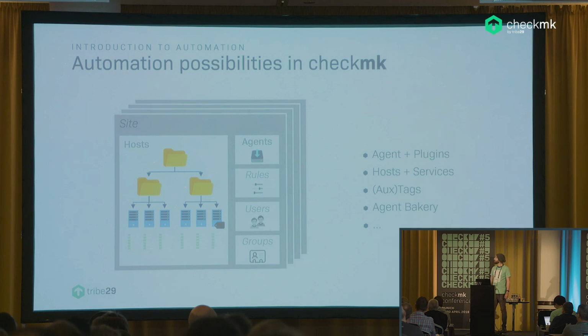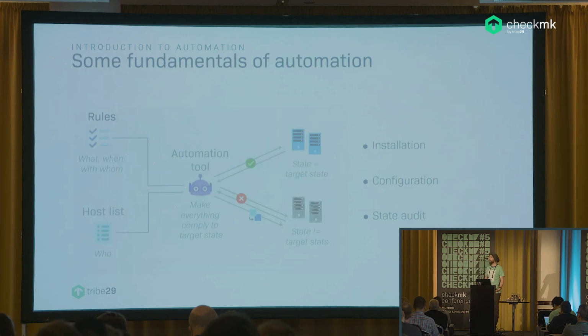I already talked about rules, but we can also do users, groups, contact groups, and also host and service groups. And you can also do the deployment of all sites and master sites. All of that has to happen somehow, and regardless of whether you use Salt, Ansible, or whatever, the basics are always the same.